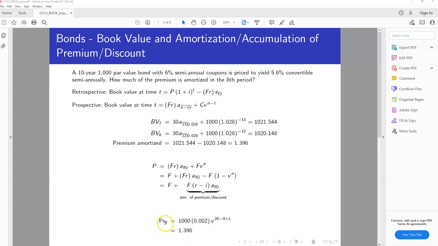So if we want the amount of premium that's in the 8th period, then we would take our F times r minus i, so that's the amount of payment in a particular period, times v to the n minus t plus 1. n is 20, because there are 20 semi-annual periods in 10 years. t is 8, so n minus t plus 1 is 13, so this would be v to the 13th here. And if you multiply that, you get the same $1 and about 40 cents.